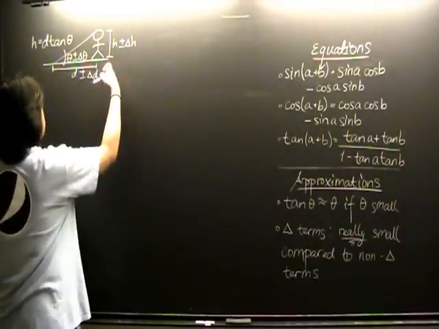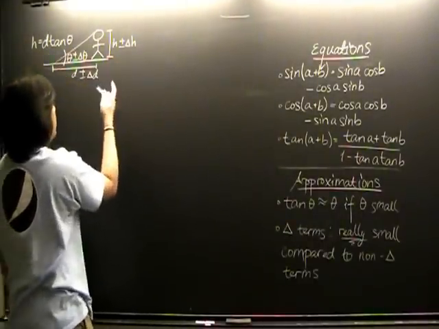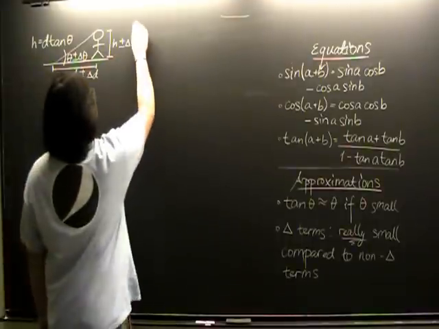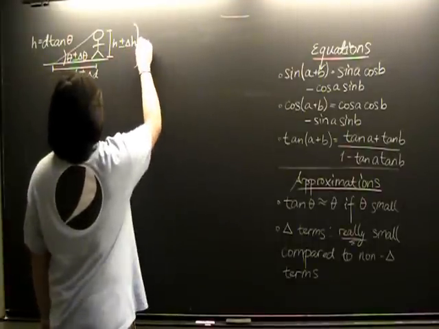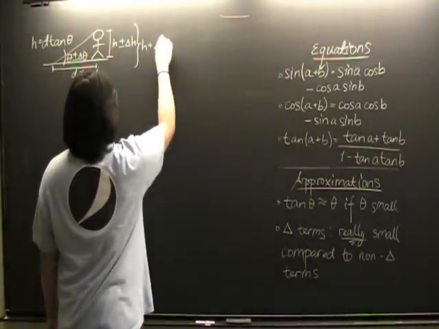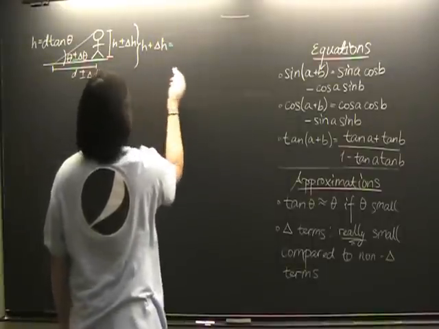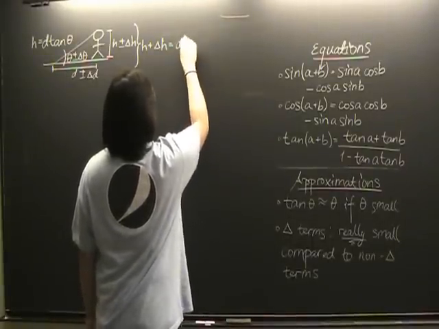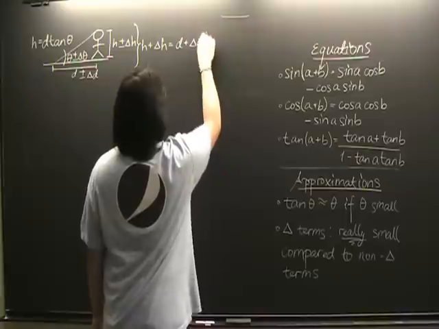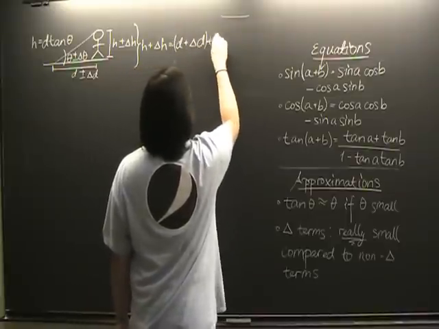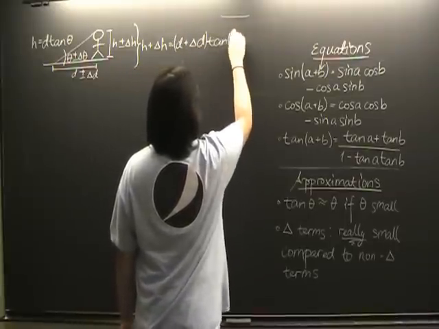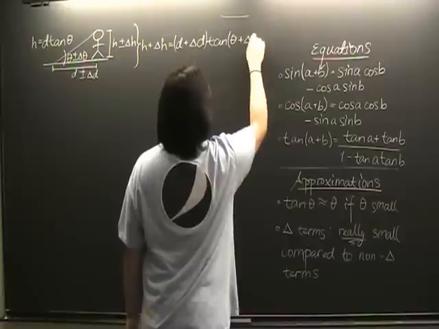So if we match the terms into this equation and take the upper bound of our errors, we can say that h plus delta h is equal to the entire quantity d plus delta d, times the tangent of theta plus delta theta.